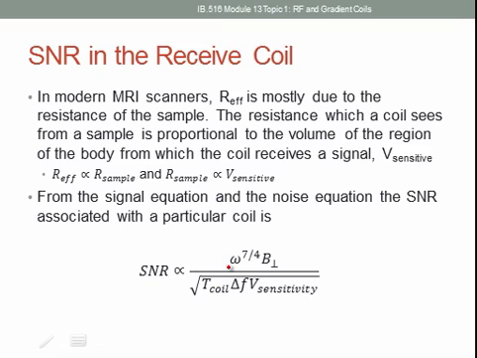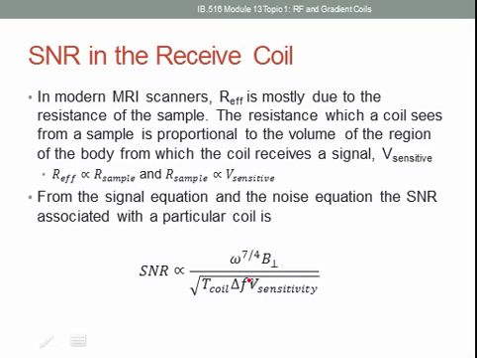You see this omega to the 7/4 power. You're going to have to take that on faith for now, because there's a long, tedious derivation as to why that is. The SNR associated with a particular receive coil is given by this proportionality.